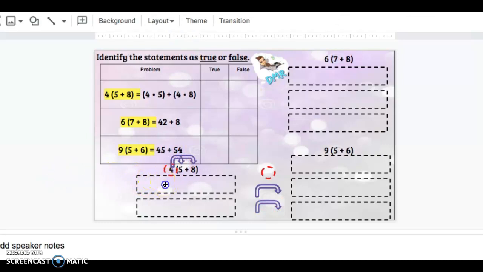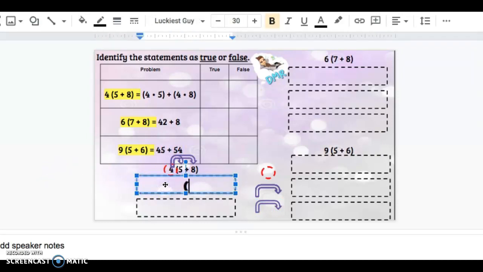So then you would write in your parentheses 4 times 5, and then that plus sign that's in the problem comes down into your expression, plus 4 times 8. And then you could do 4 times 5 is 20 plus 4 times 8 is 32.